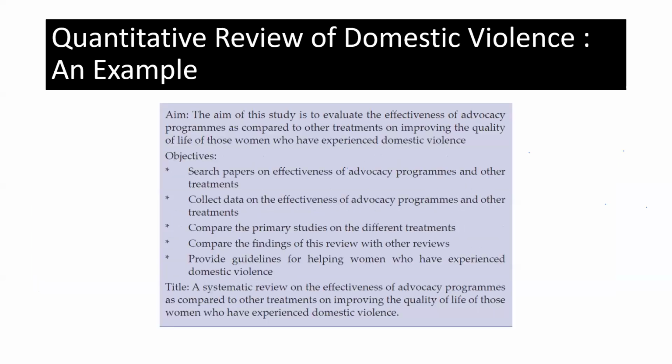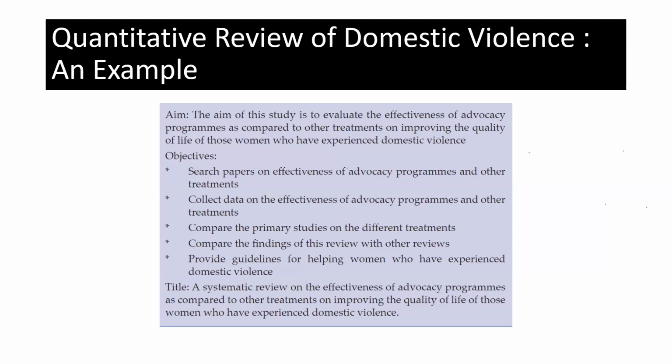So the aim is to evaluate the effectiveness of advocacy programs, and our objectives could be to search for papers on effectiveness of advocacy programs and other treatments, then to collect data on their effectiveness, then to compare the primary studies on different treatments and compare the findings of the different reviews and provide guidelines. So you see, there are very quantifiable objectives, and that also goes with your methodology.